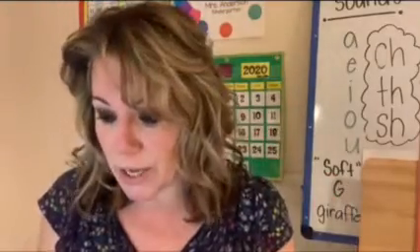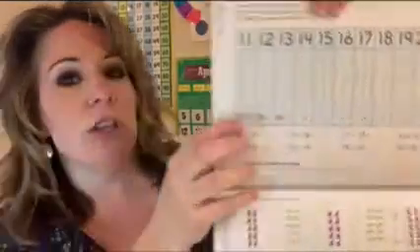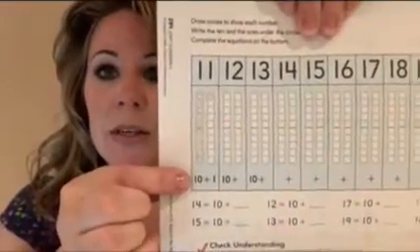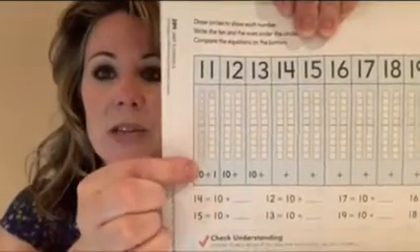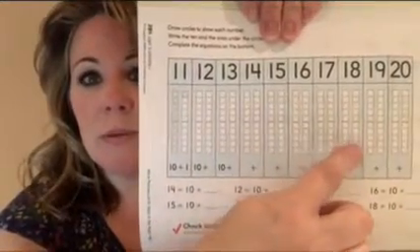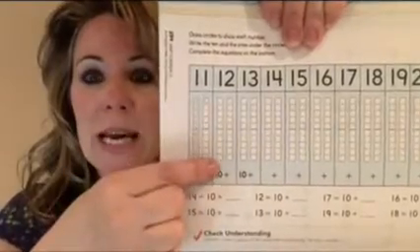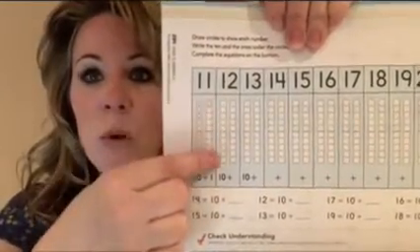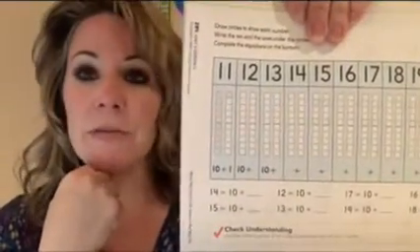So when we take a look at our math book today, we can see that they have done the first one for us. So there's lots of directions here. It says draw circles to show each number. Okay, so here, my first number is 10, and they have drawn 10 circles all the way up. Again, take a look at each one of these columns, okay? We have to complete these, but you need to be able to subitize that all the way up, one column is 10, okay? You don't need to count these every time.